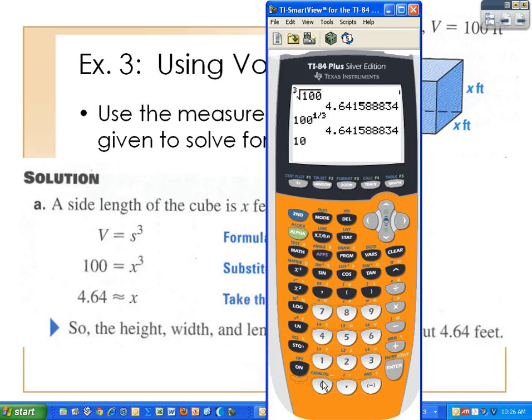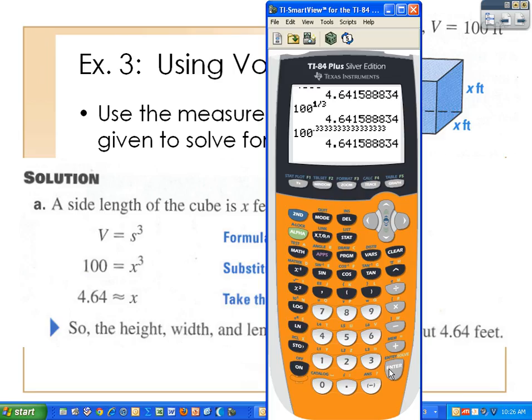But if I did, if I hit caret, I've got to put in point and a whole bunch of 3s, so it really does look like 1/3. And then if I hit enter, I get the same answer back. If I just put a single 0.3 or even 0.33, it's going to be off a little bit, because that's not really what 1/3 is.